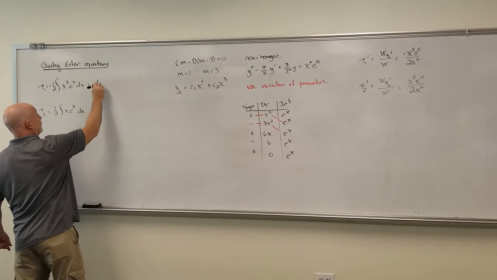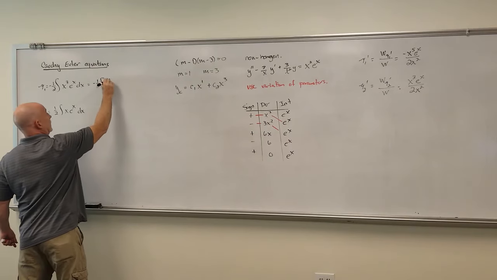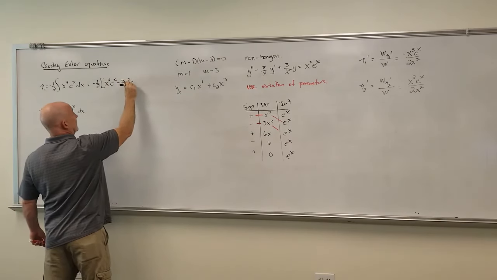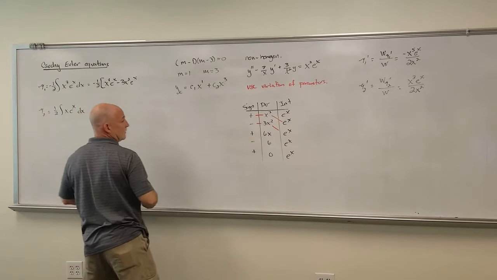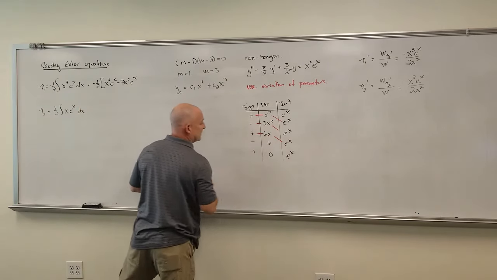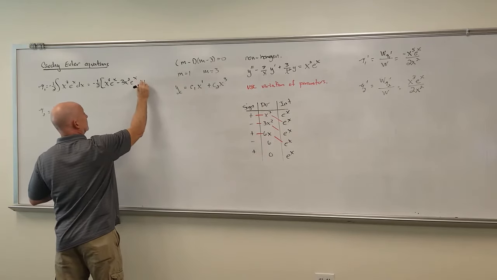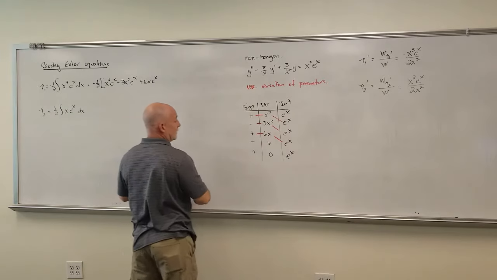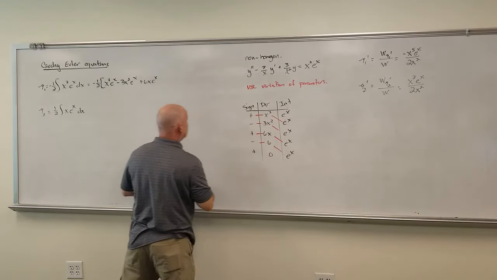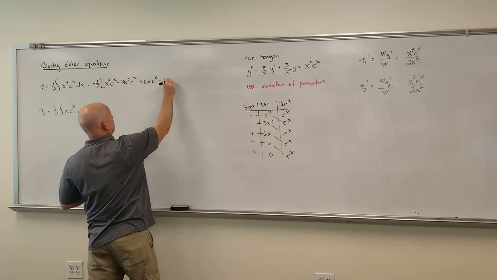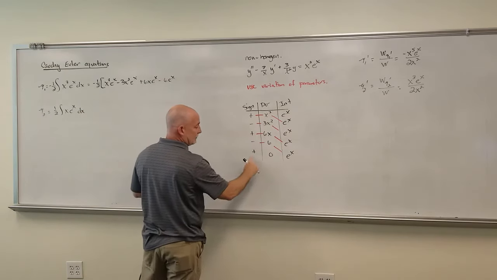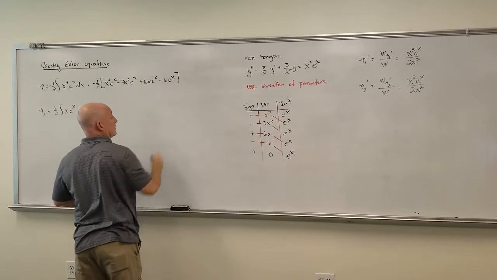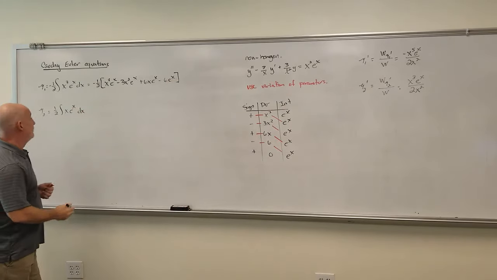I'm going to write that negative 1/2 times x cubed e to the x minus 3x squared e to the x. Then moving across down, it's going to be 6x e to the x, minus 6 e to the x. Now notice, everything after that would be zeros because this column is all zeros now. So that's that first integral. You're done. That's how quick and easy that tabular method is.